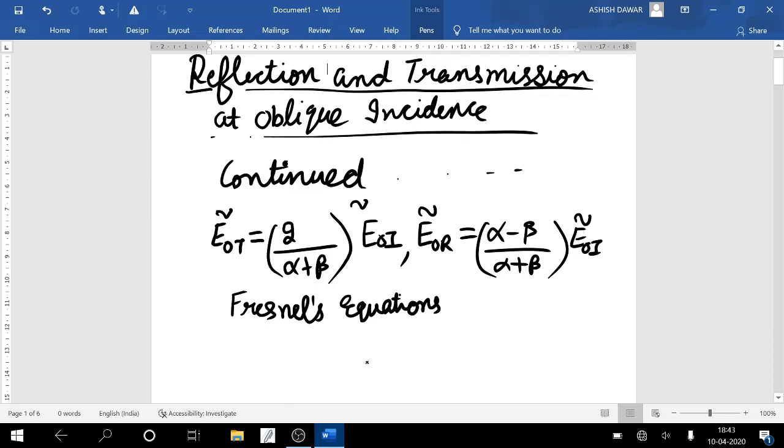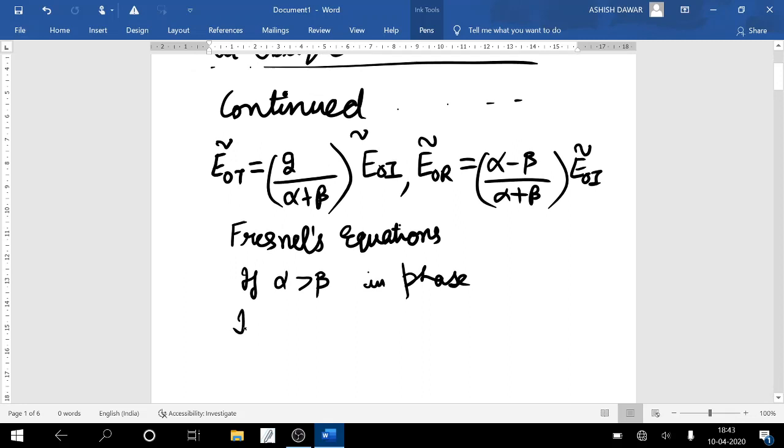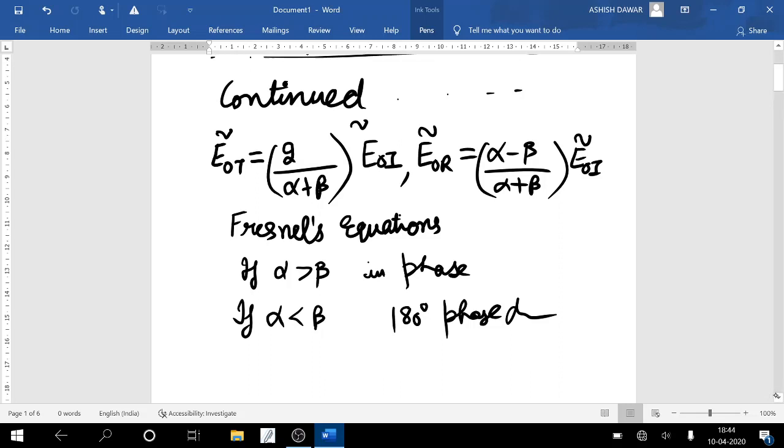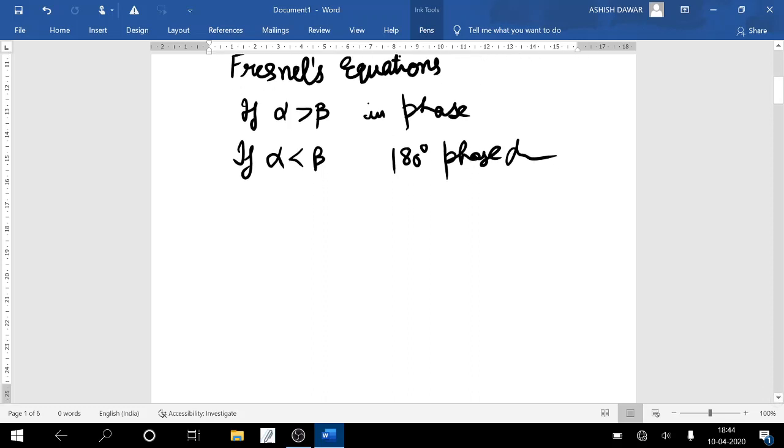If alpha is greater than beta, then this is in phase. If alpha is less than beta, then there is a 180-degree phase difference. The amplitudes of the transmitted and reflected waves depend on the angle of incidence, because alpha is a function of theta.